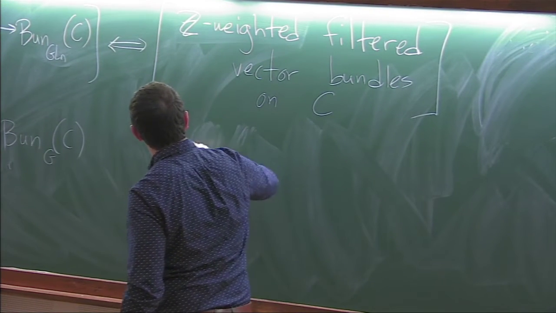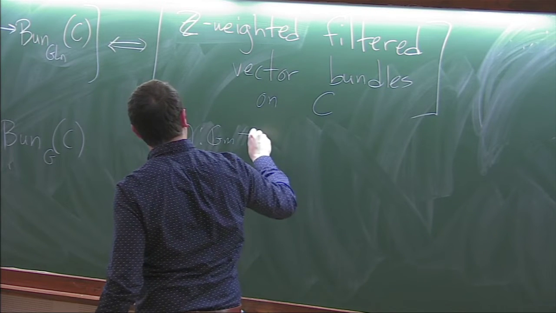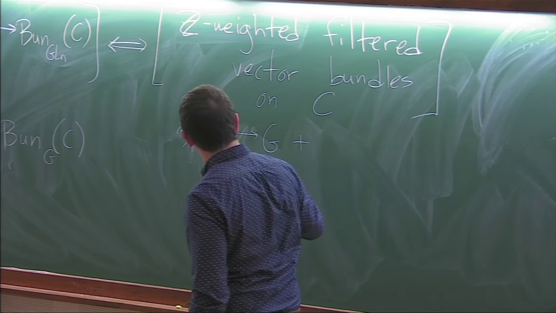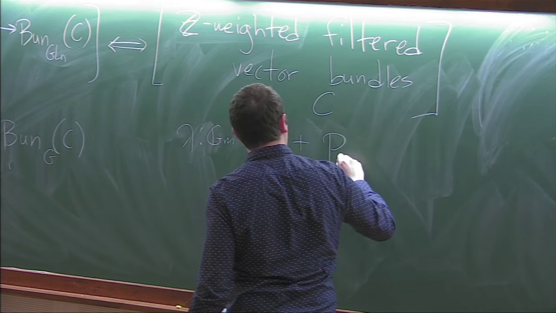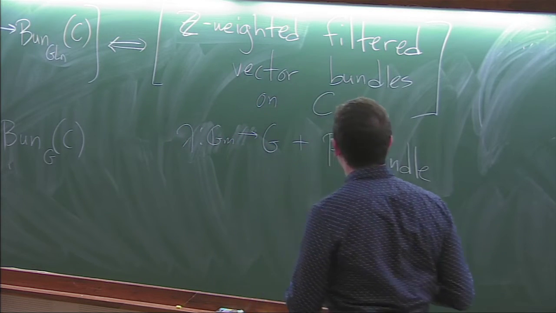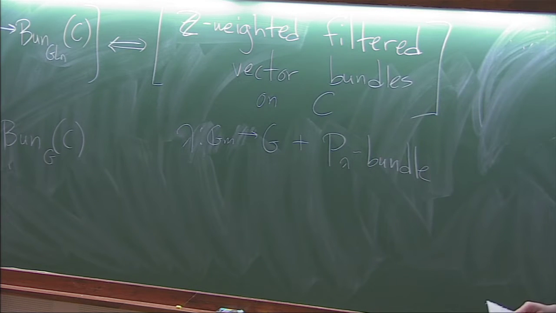So you get a one-parameter subgroup plus a reduction, plus a P lambda bundle, basically, where P lambda is the parabolic subgroup associated with this one-parameter subgroup.